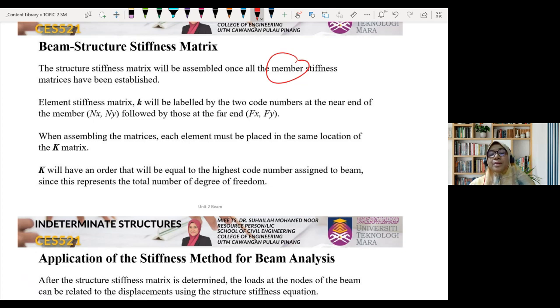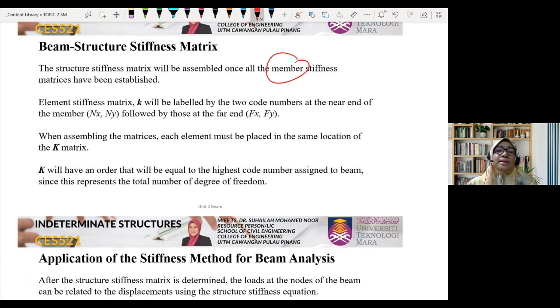Remember, we analyze the structure by subdividing it into elements, so to get back the stiffness matrix for the structure, we have to start from the members and combine them back.